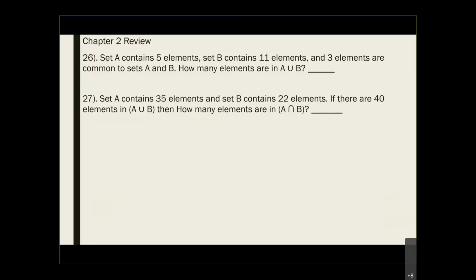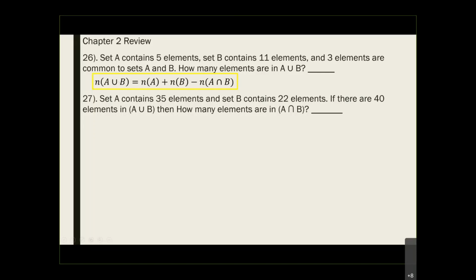Set A contains 5 elements. Set B contains 11 elements, and 3 elements are common in sets A and B. They ask you to find A union B. If you remember your mutually exclusive and not mutually exclusive events, this is the same idea, the "or" and the "and." So what is A or B?